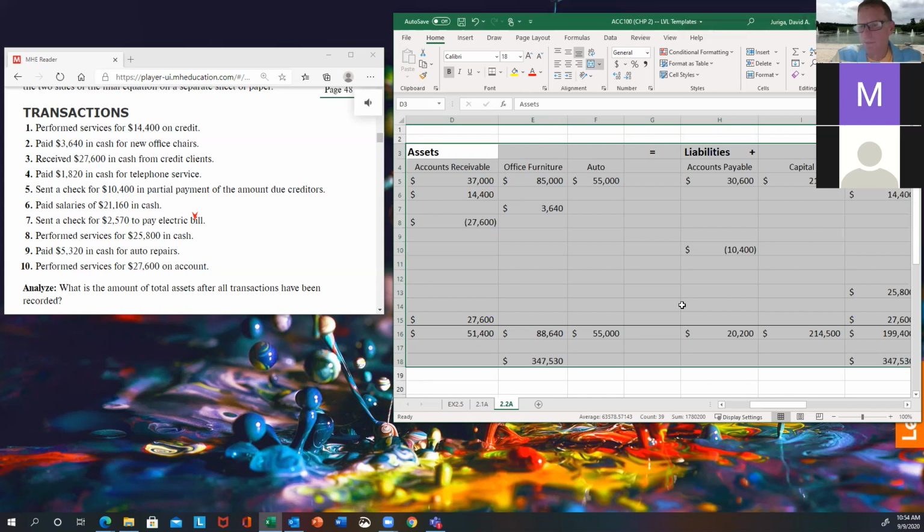Does that help, Mike? Yeah, I was just wondering if there is a template that is going to be given to us. Well, you don't have Excel on your computer? No, I haven't downloaded it yet. Yeah, all you gotta do is log in, go to the Microsoft store, Microsoft.com, and I think there's a link on there where if you're a student and you type in your student email, you can download all of the Office 365 products.